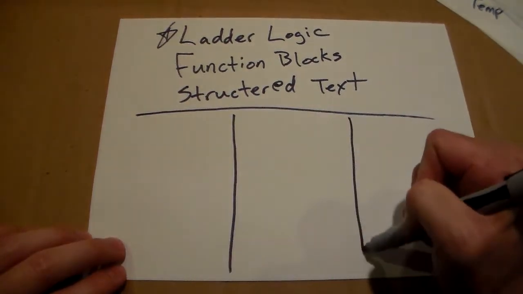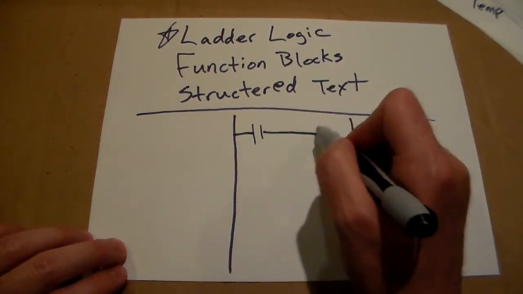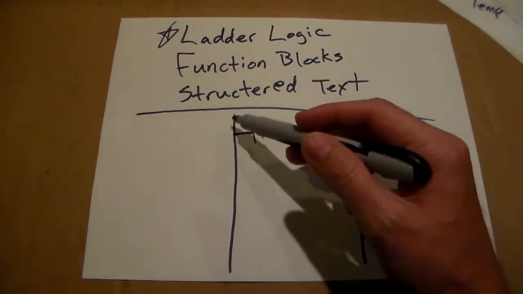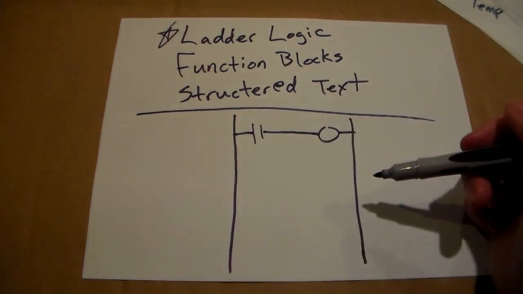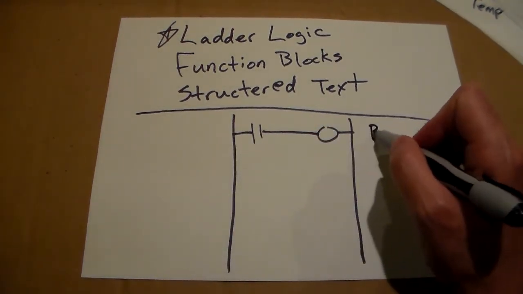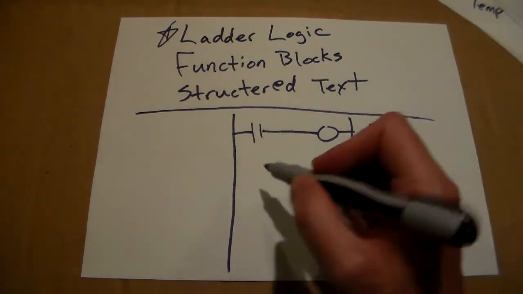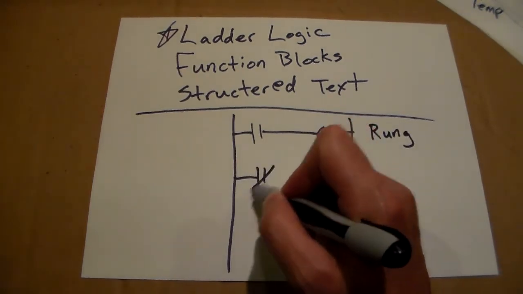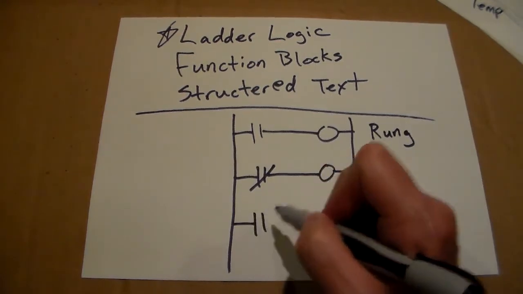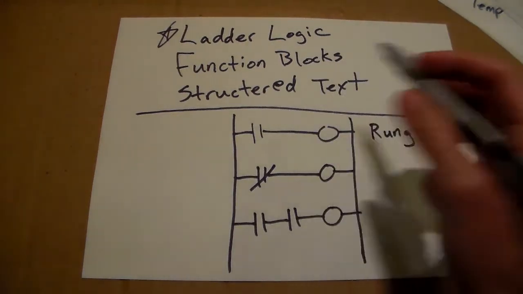You might say, why is it called ladder logic? And the reason is because when you draw it, it looks like a ladder. So these two vertical bars here, if you say that they're the sides of the ladder, and this line across here is actually called a rung, just like a rung of a ladder. Just going to draw a couple things here. So we got 3 rungs, right?